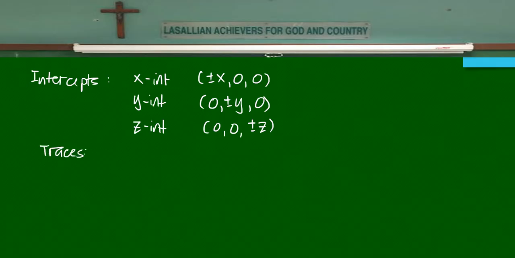Next are what you call the traces. So if I say traces, they are traces on the different planes that I mentioned earlier. So the xy trace is basically present on the xy plane. So if this is x, this is y, this is z, the xy trace will be present on this plane.